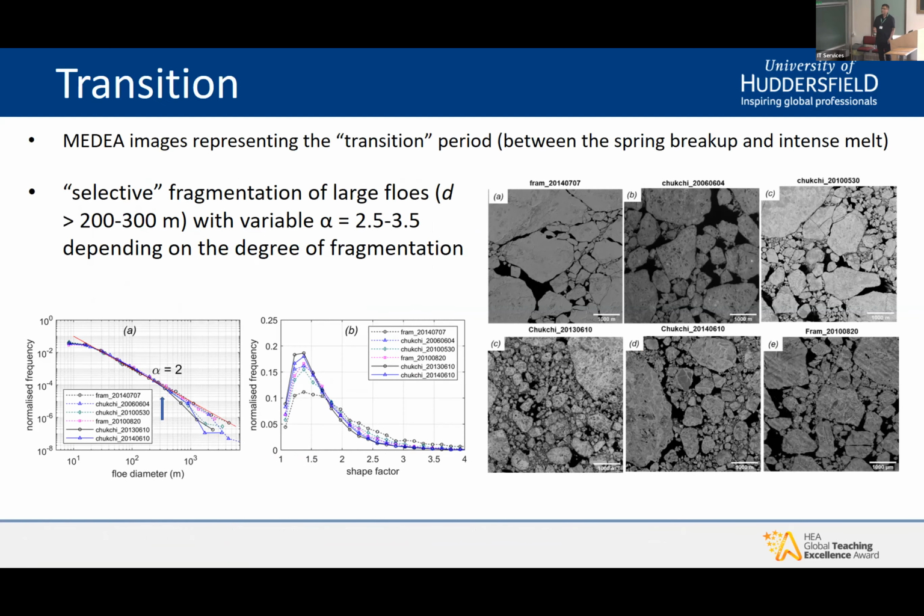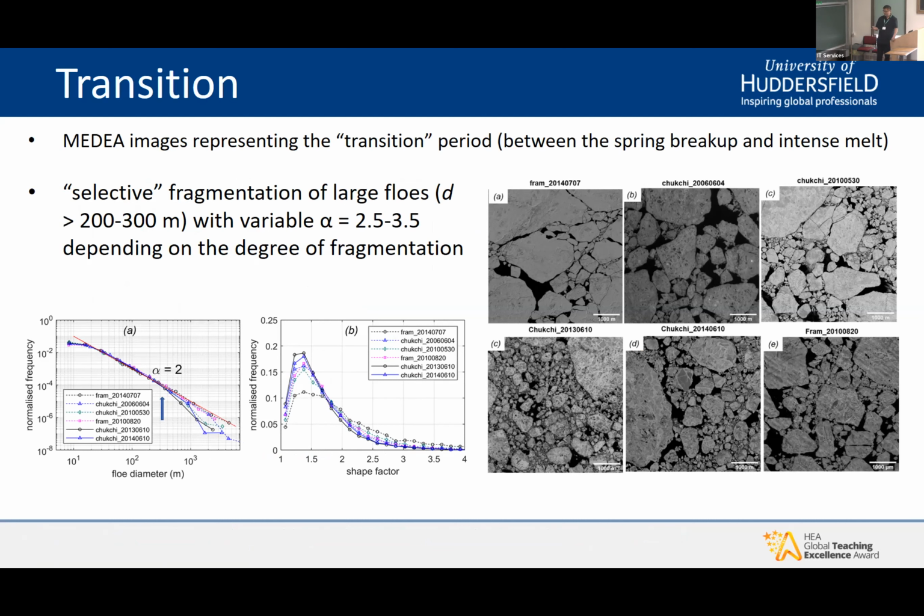And now we look at the transition period. So we also select 6 different images, and it looks like some time has passed after the spring breakup. Of course, you might argue how can you know how far from the spring breakup? However, that's what we see, from the floe rotation and things.